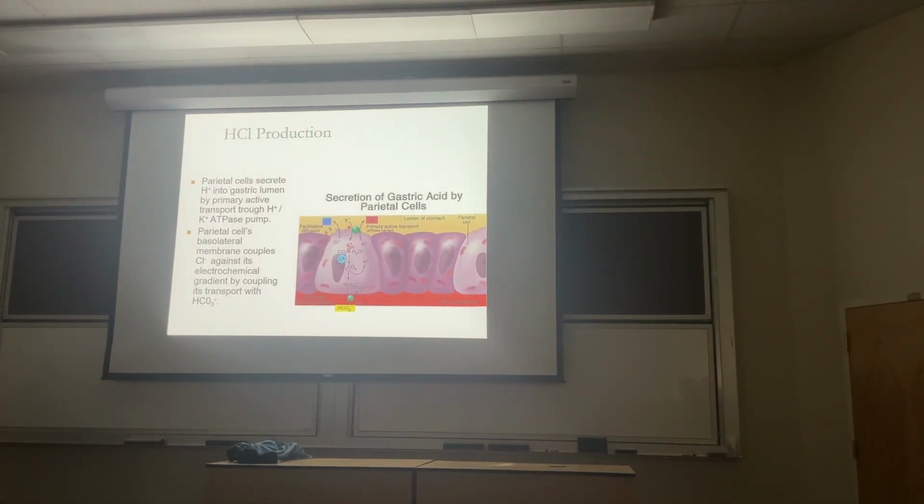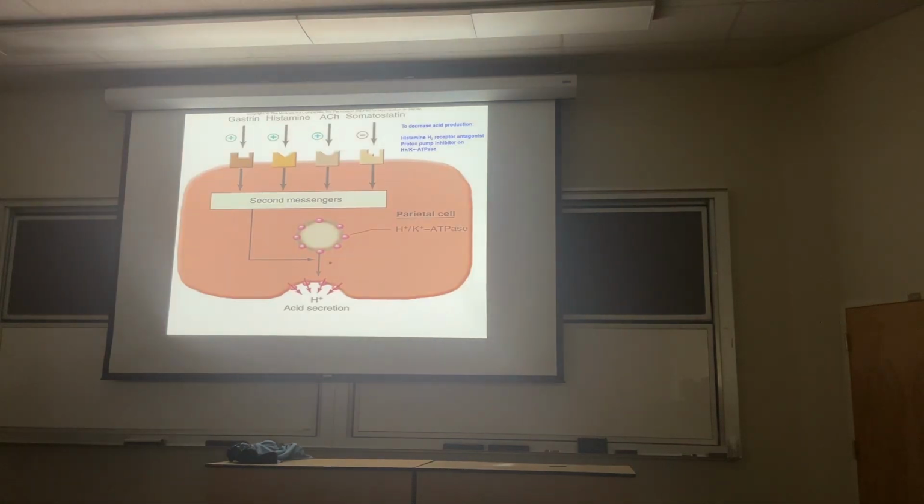These are parietal cells secreting hydrochloric acid. These parietal cells can be stimulated to produce more hydrochloric acid with gastrin, histamine, acetylcholine, part of the vagus parasympathetic response. They could be inhibited by somatostatin.